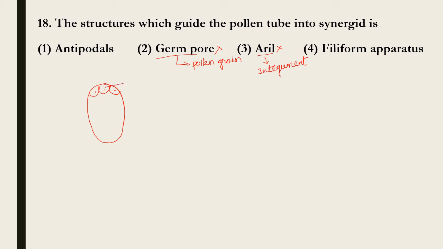So these three cells are antipodals present towards the chalazal end. And at the micropyle end, it consists of one egg cell and two helper cells, or synergids.